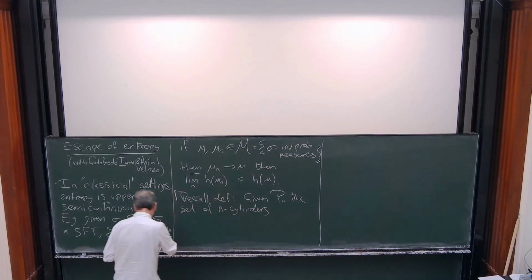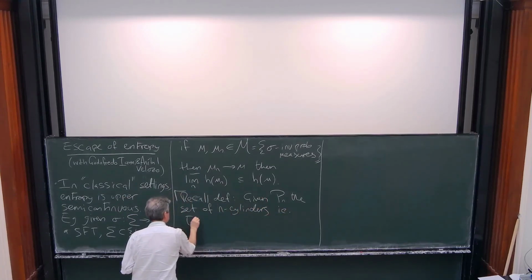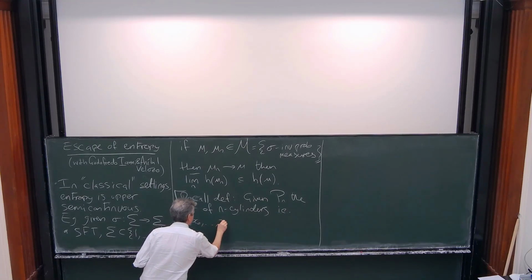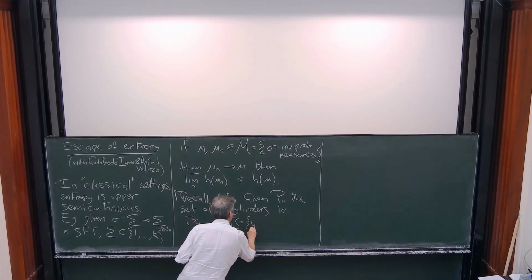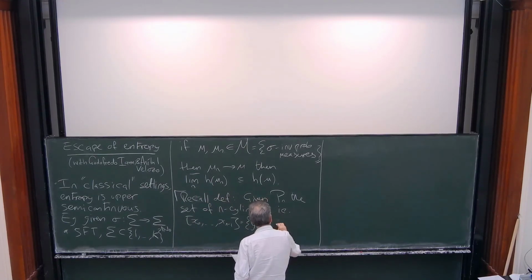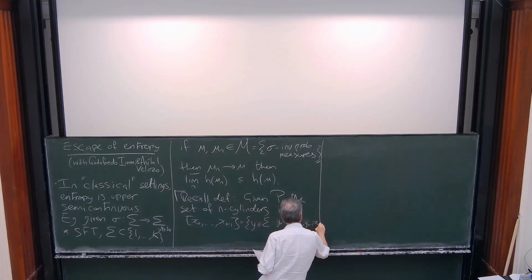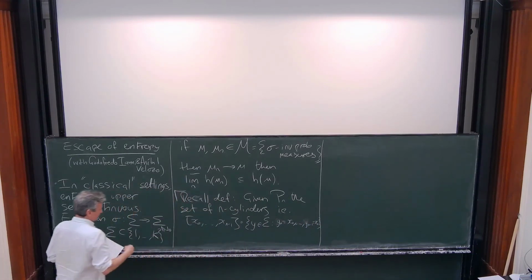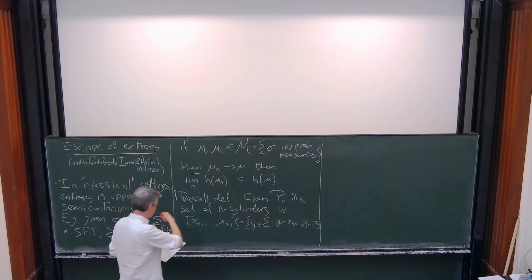I'm in the shift case, so these cylinders are very straightforward to write down: cylinders like x0 up to x n minus 1, that's the set of y in sigma such that y0 is equal to x0 up to y n minus 1 is equal to x n minus 1. This is an n cylinder. You take a collection of n cylinders, and that's your P n.